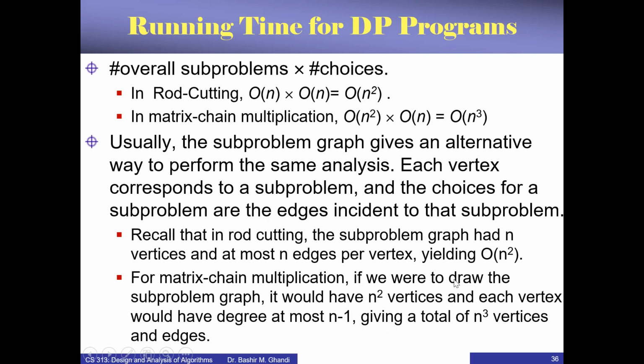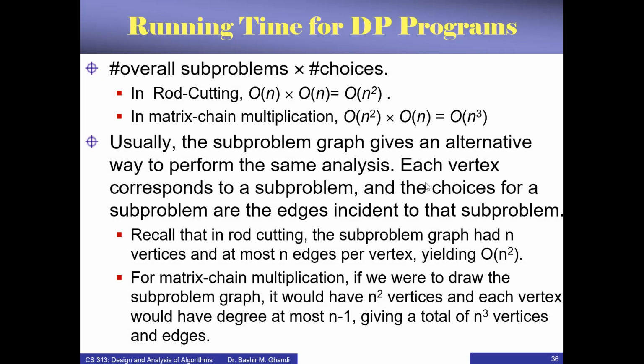So again, if you multiply, you will get big O of n cubed. Yeah, so these are the two different ways you can determine the running time of a DP program, either by multiplying the number of subproblems by the number of choices, okay, or by using a subproblem graph.